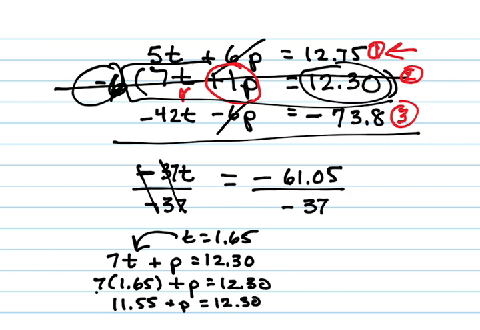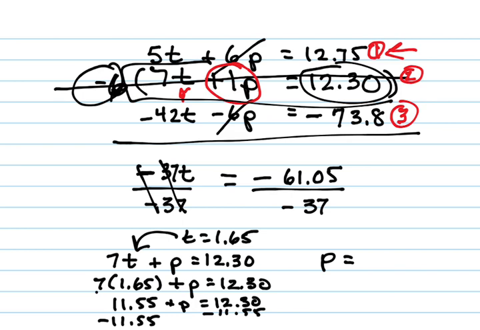Then I need to get that p by itself. That other number is added to it. So to move the positive 11.55, I'll subtract 11.55 from both sides, which gives me p is equal to, what is 1230 minus 11.55, please? 1218.45?